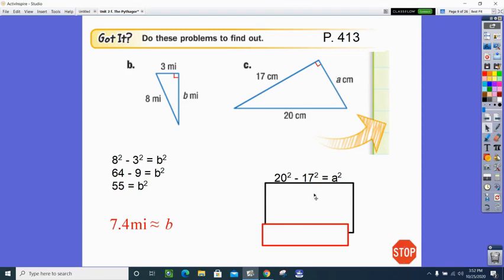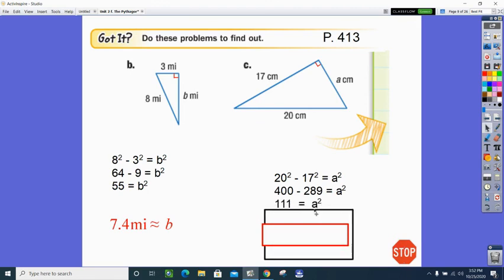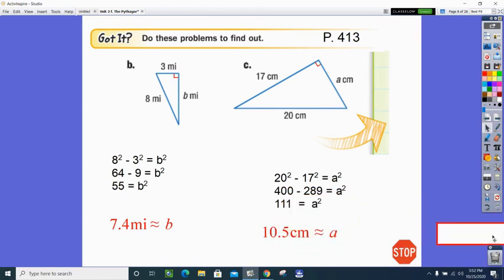Square it, write down, and don't forget to put equals a squared. Subtract 400 minus 289. Pick up your calculator. Don't stop here and say it's 111 centimeters. Don't forget to undo the squaring by taking the square root. And we're going to round to the 10th and put our units in. Should have gotten 10.5-ish centimeters.